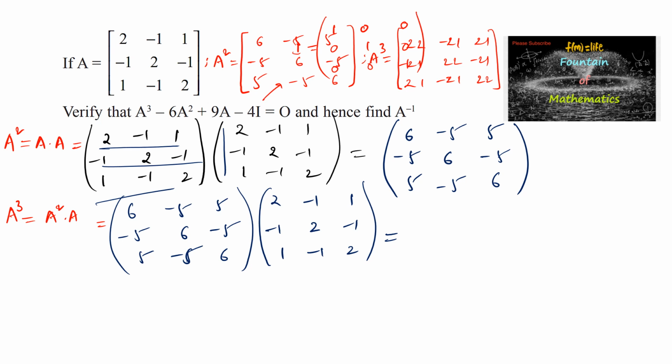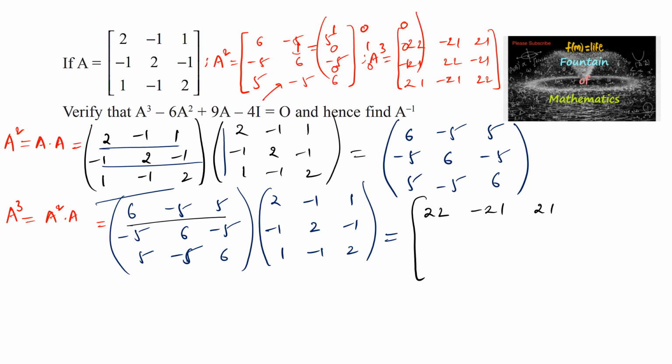again row with column. First row: 6 2s are 12, 12 plus 5 is 17, 17 plus 5 is 22. And again first row with the second column: negative 6, negative 6, negative 10, that is minus 16, minus 16 minus 5 is minus 21. And row with the third column: 6 plus 5 is 11, 11 plus 10 that is 21.